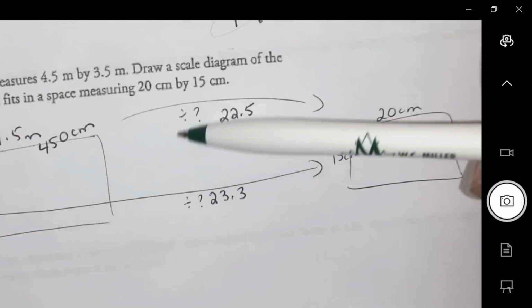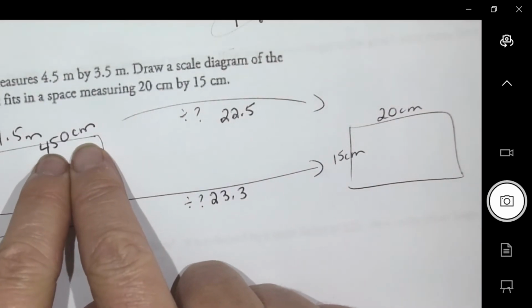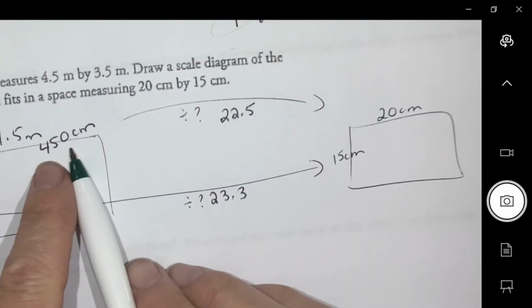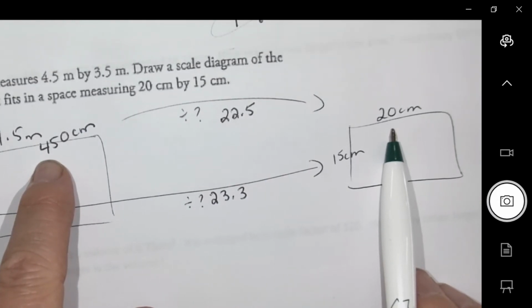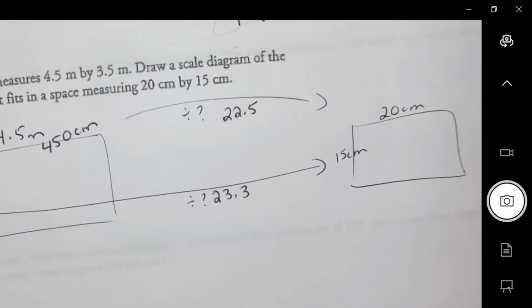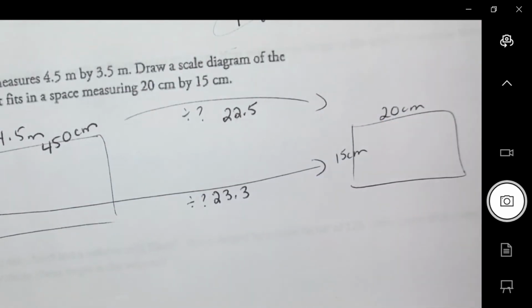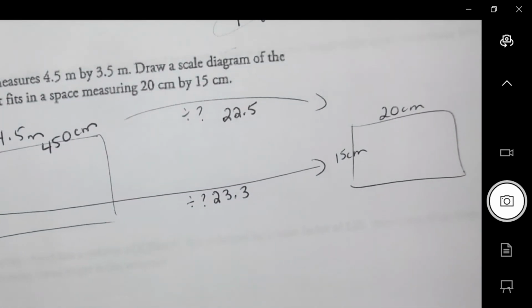Okay, when you're doing this, think about this happening. If you're shrinking by 22.5, this would be exactly 20. You don't really want on your diagram to fill exactly 20, right? Because you probably want something to fit on your paper. So we would like to shrink it a little bit more so it fits inside our paper.